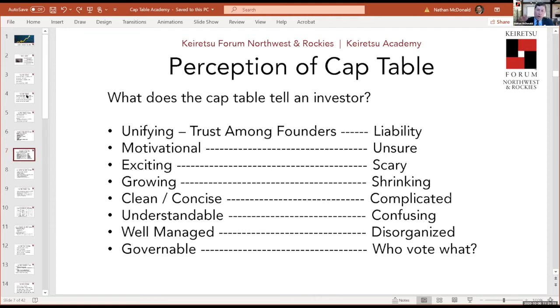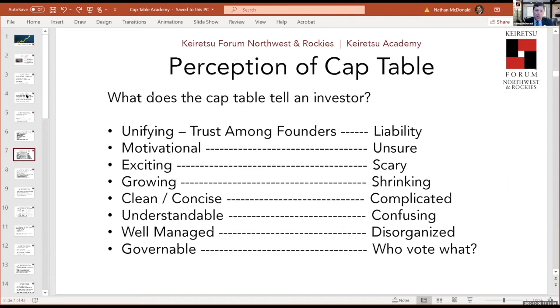The company can grow, or the company can shrink, depending on what's happening within its business cycle. We see cap tables that are clear, that are concise, and then we see cap tables that are incredibly complicated and have agreements that adjust based on other agreements that are conditional upon other agreements, and nobody can calculate anything, and everyone just gets confused, and it becomes unmanageable.